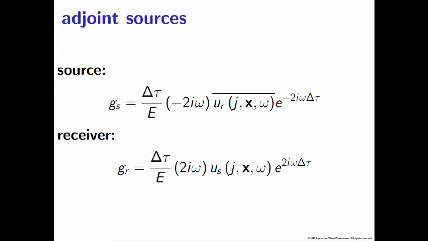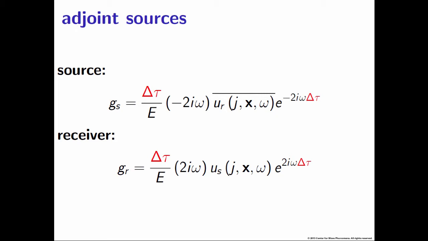Although this result looks a little complicated, we can look at the result in different terms, and then we can get a clearer understanding of the physical meaning of the adjoint sources. First, we notice that the adjoint sources contain delta tau at two places.